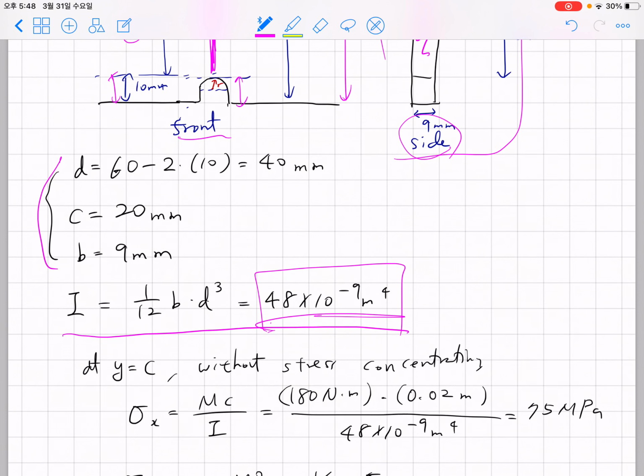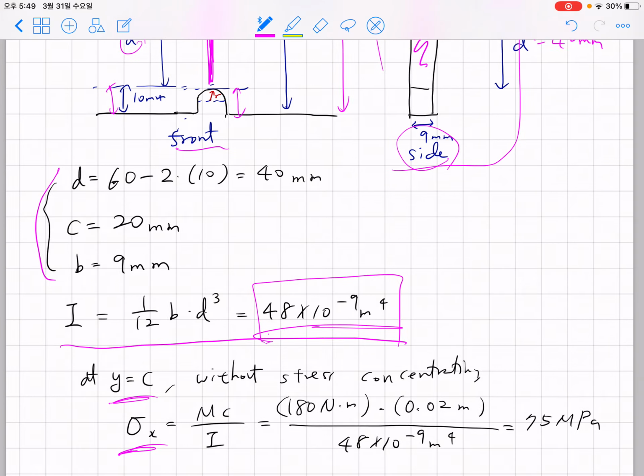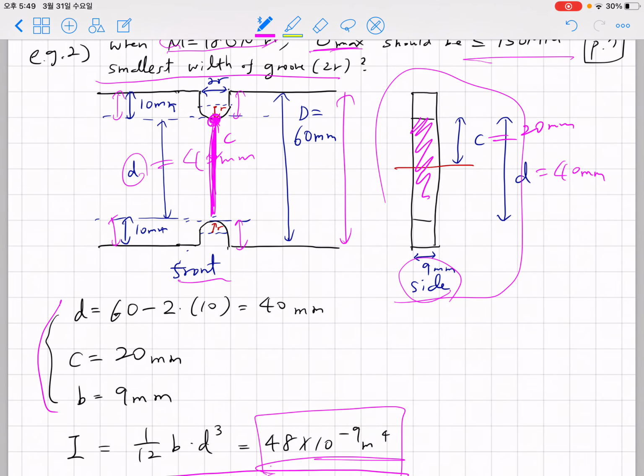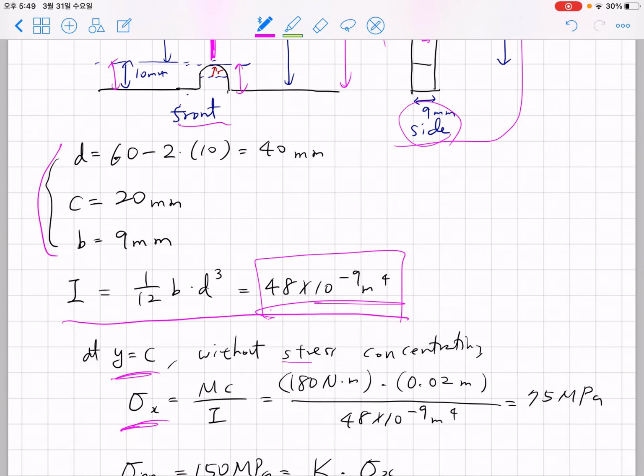If you plug this I into the calculation of sigma x at y equals c at this top point, without considering the stress concentration factor, MC over I, you multiply 180 Newton meter and c is 20 millimeter, which is 0.02 meter, you're going to get 75 megapascal.